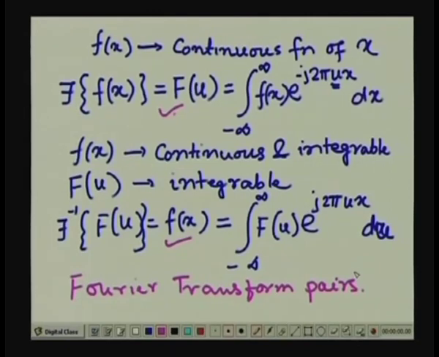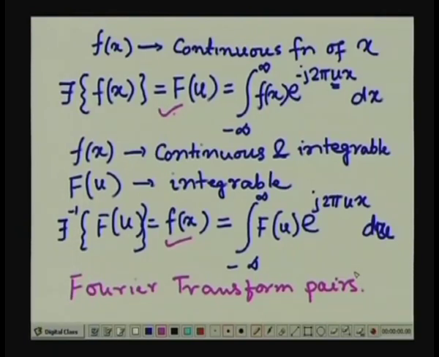Now, from this expression you find that for doing the Fourier transformation, we take the function f(x), multiply it with an exponential e to the power minus j 2 pi u x, and integrate this over the interval minus infinity to infinity. So, naturally the expression F(u) that you get is in general complex, because e to the power minus j 2 pi u x is a complex quantity.